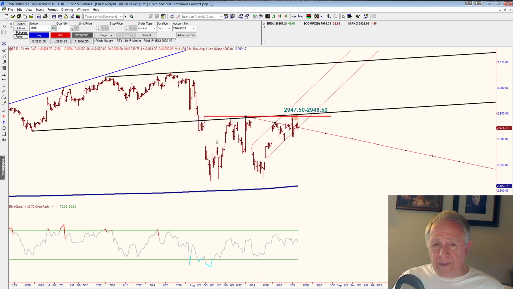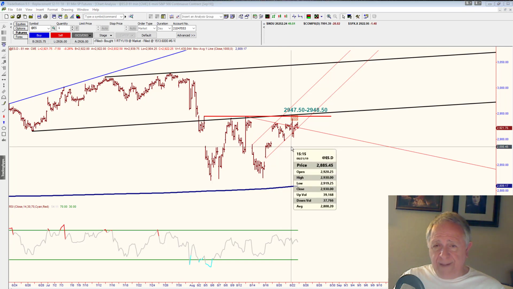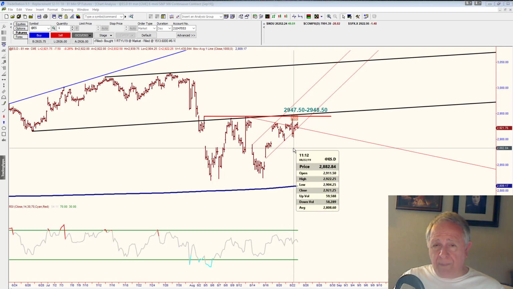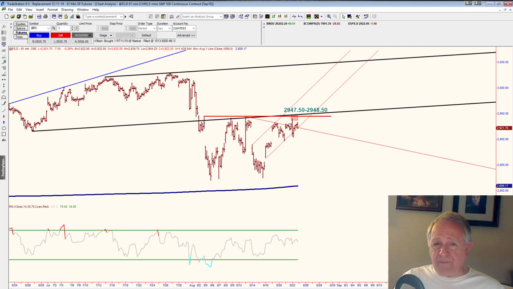This is one of them. This is the channel we showed you on the S&P futures. This is daily prices only, does not include Globex. And this is yesterday's ending bar right here, and this is the opening bar today. We came up today ever so close to that projection line, but didn't quite get up to it.